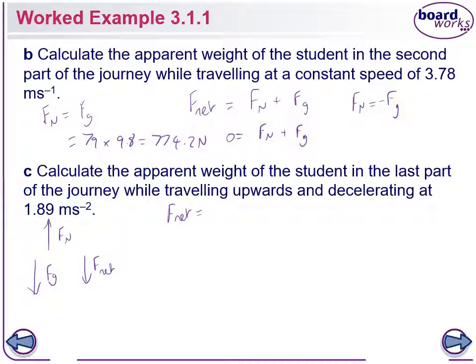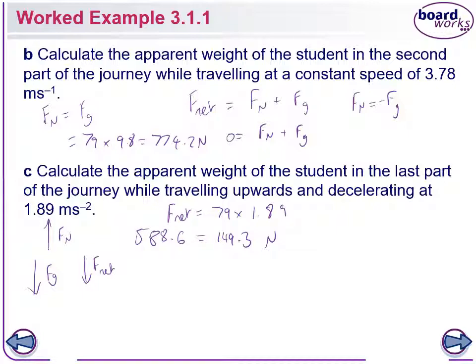So Fnet is going to be equal to 79 multiplied by 1.89, which is 149.3. Okay, there's our net force.